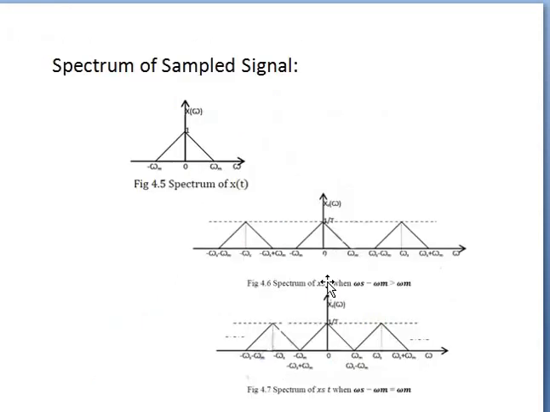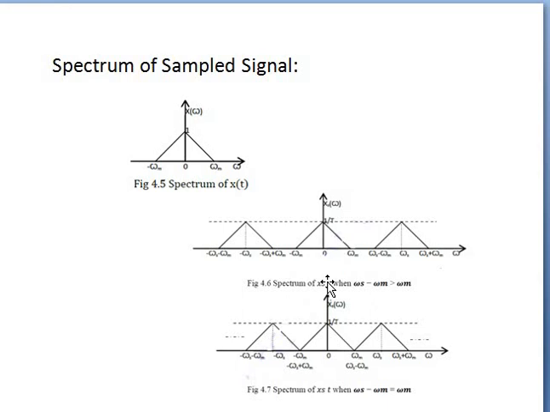The spectrum of the input signal is given in figure 4.5. Here the omega value ranges from minus omega m to plus omega m, so its bandwidth is 2 omega m. Now the first condition is omega s minus omega m is greater than omega m, that is oversampling.